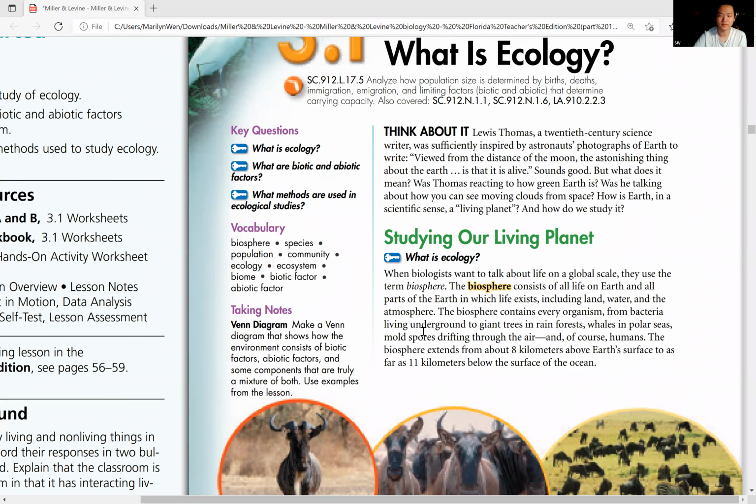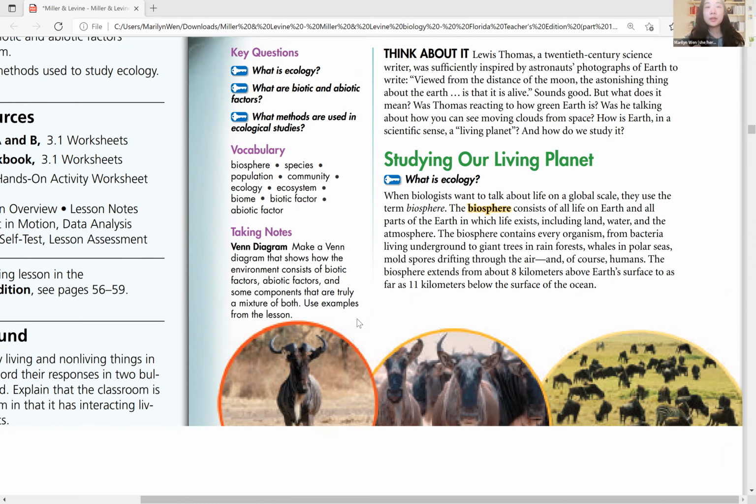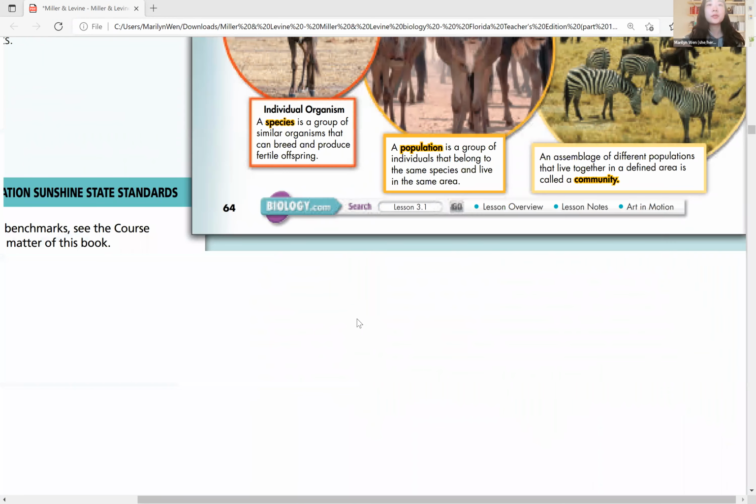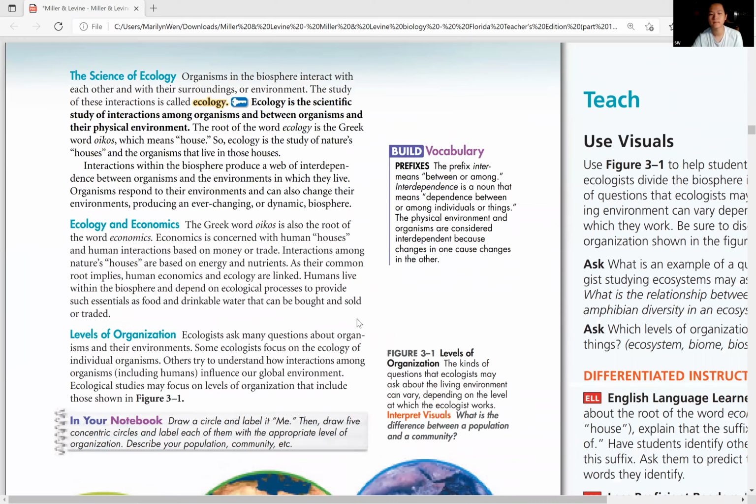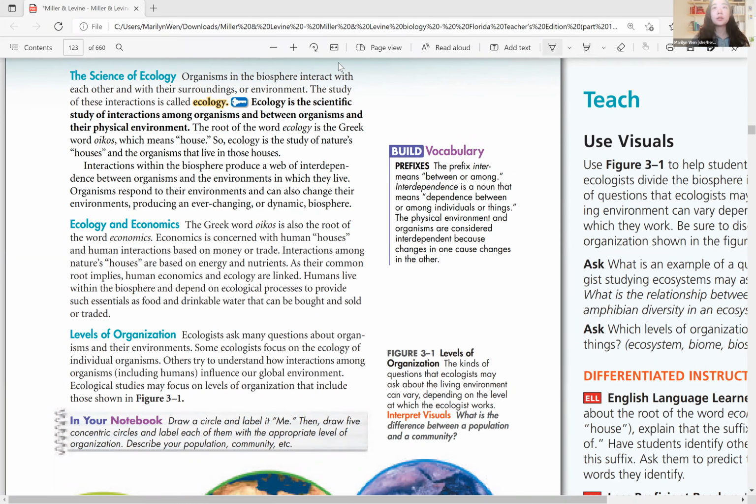Yeah, I'm finished. Okay, so just a review of what biosphere is. And then now we can read about, just the first paragraph will be good enough. Ecology.